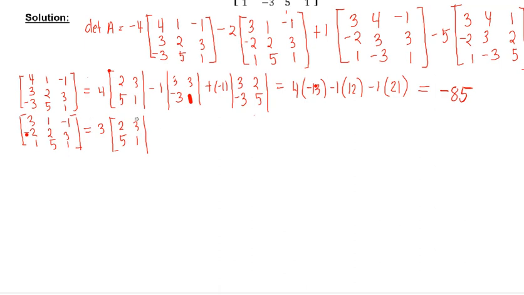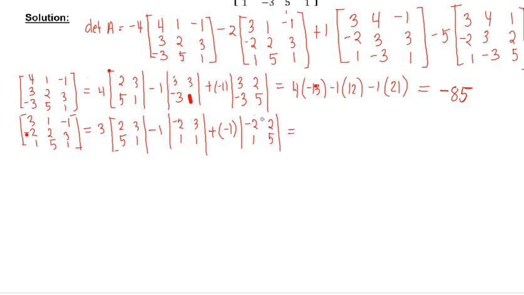This is positive, minus 1, that is equal to, we remove row 1, column 1, we have negative 2, 1, 3, 1. And plus negative 1 times the leftover, we have negative 2, 1, 2, 5.